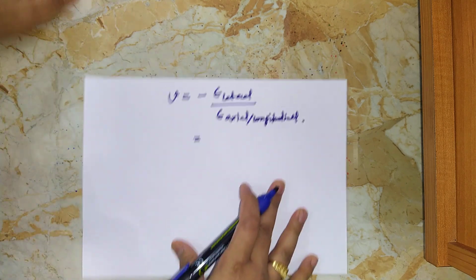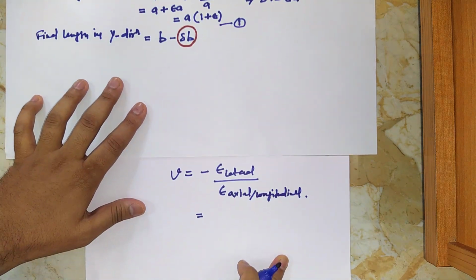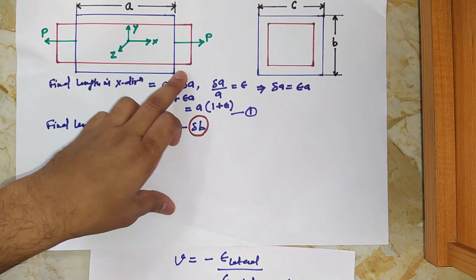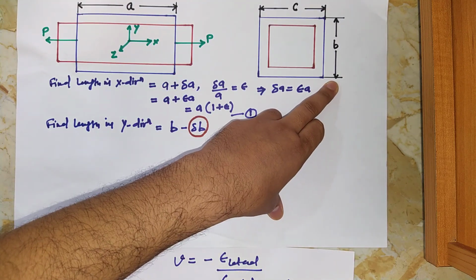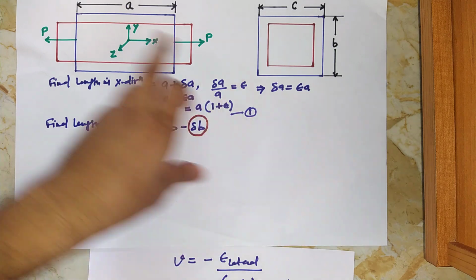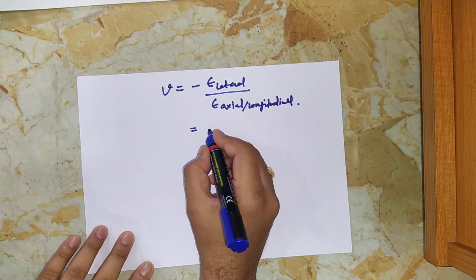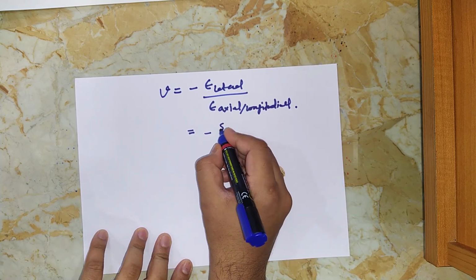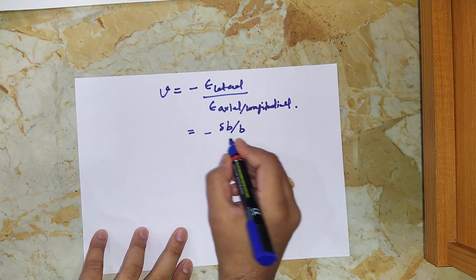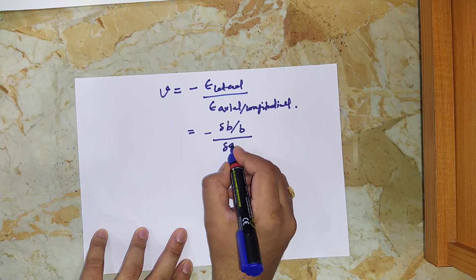Now here, our initial length in the lateral direction is b, and the initial length in the axial direction is a. So the strain in the lateral direction will be del b by b, and the strain in the axial direction will be del a by a.